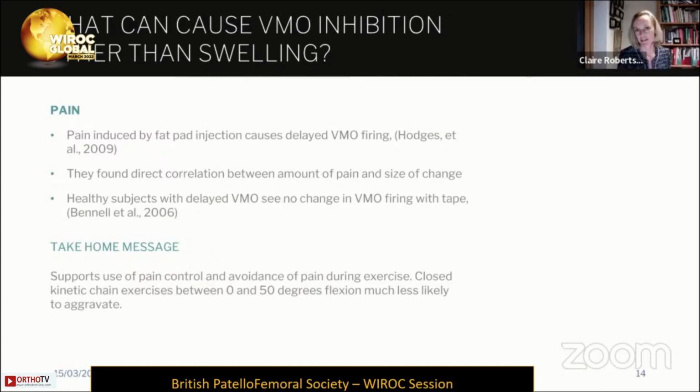In my clinic, I see lots of second opinions, and lots of them have been given very painful squats and lunges, and it just makes them worse and loses their confidence. Closed kinetic chain exercises between 0 and 50 degrees are much less likely to aggravate. And if you have someone that's very nervy with respect to their instability, I'm always very keen on isometric, so static exercises.